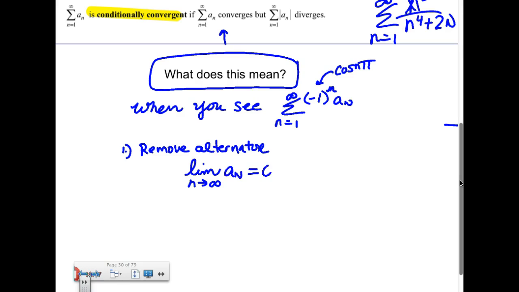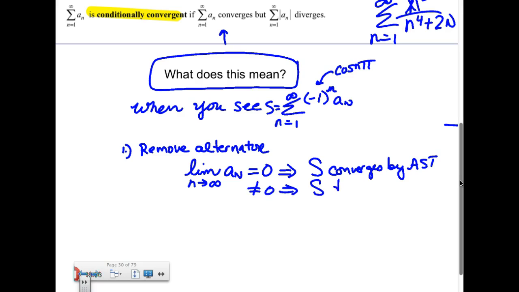If you get 0, you say the series converges by the alternating series test. If you do not get 0, this would imply this series diverges, but not by the alternating series test, because that's a one-way test, by the nth term test for divergence.